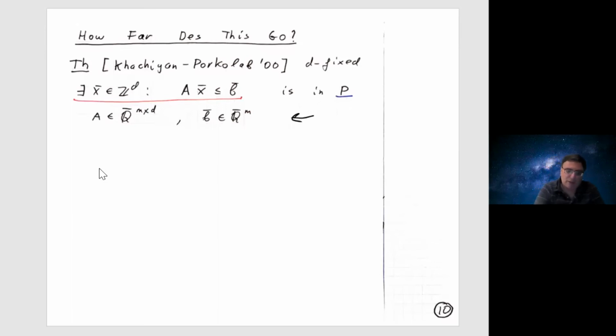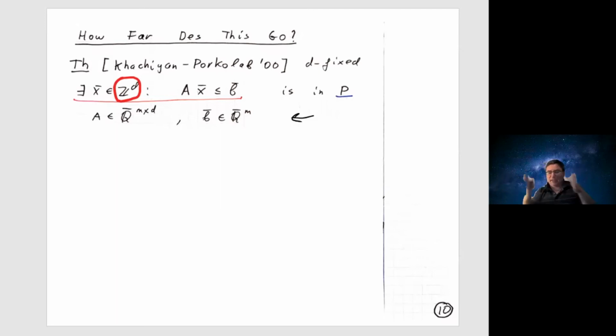So note that we still have Z^d here. That's very important. We're still looking for integer solutions, but now the polytope can have inequalities with some algebraic irrationals. But as long as the dimension is fixed, you can have an equation like square root of 3 times x1 minus some cubic root of 17 times x2 plus dot dot dot.